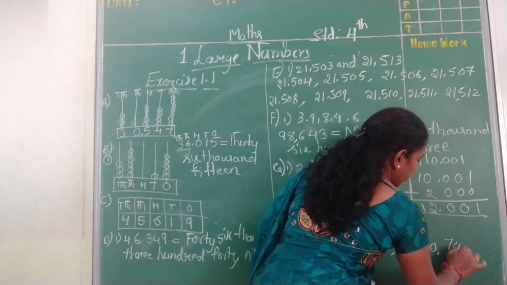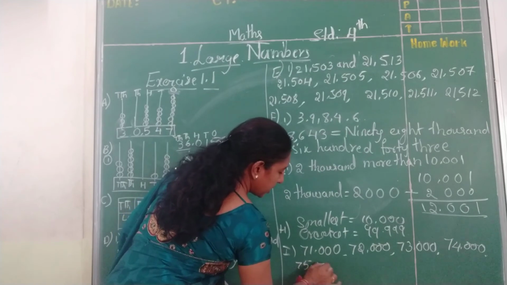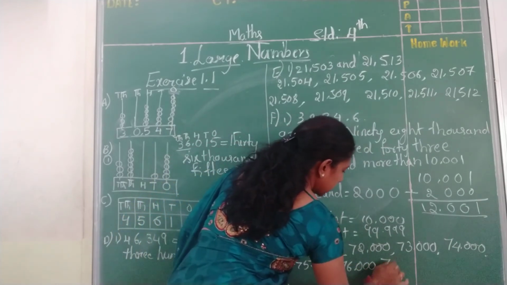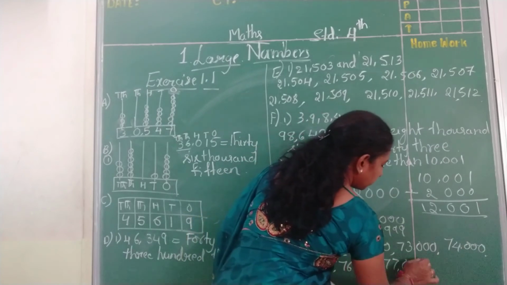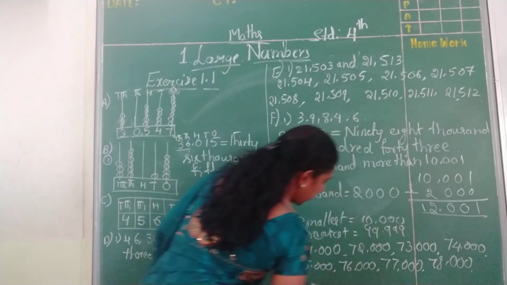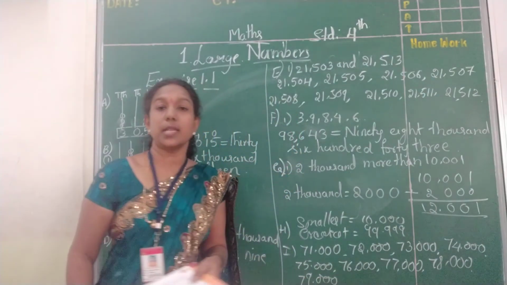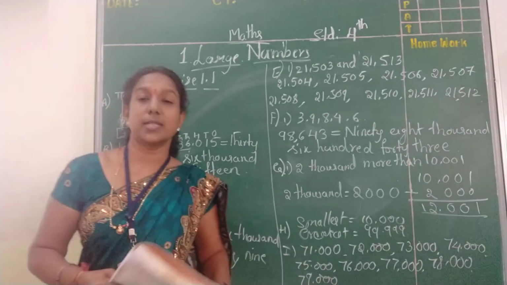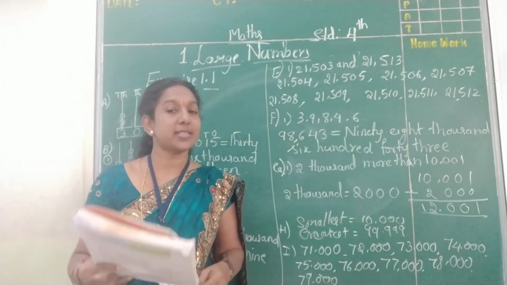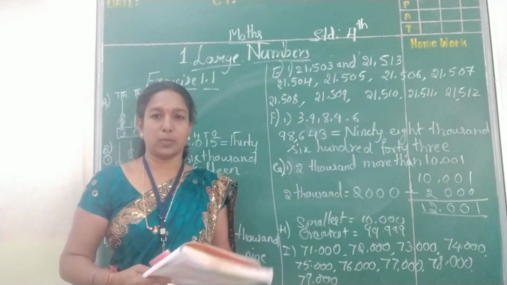Next is 74,000. 75,000. 76,000. 77,000. 78,000. 79,000. So these are the numbers. So this is how you have to write the numbers between 71,000 to 80,000 by counting thousands.